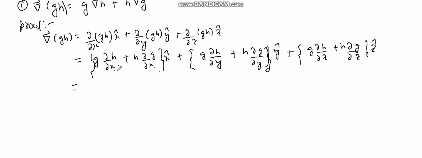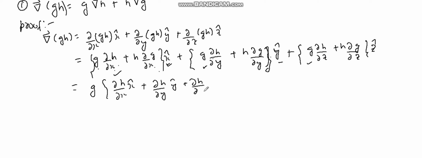So now we will take only those terms which have g as a coefficient. So this is the first, second and third. So we'll take g common out and write del h by del x, and of course don't forget to take this x cap, y cap and z cap as well, plus del h by del y y cap plus del h by del z z cap, and then we'll take those terms which have h as a coefficient.